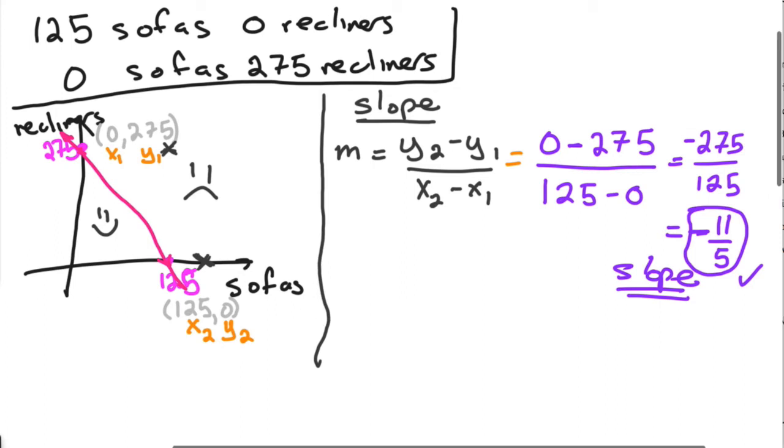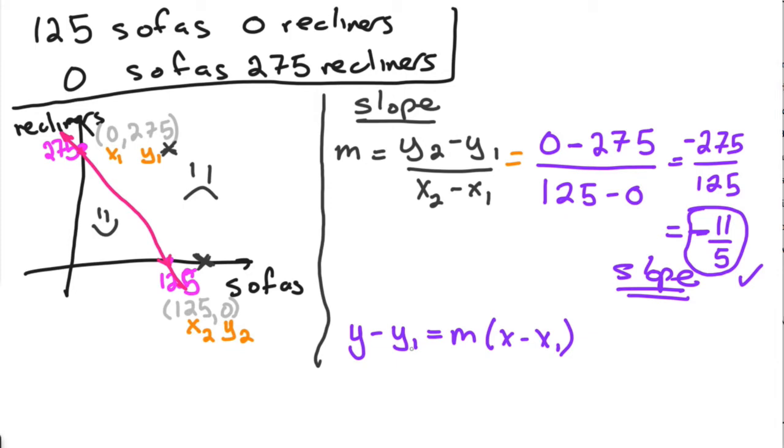Now the second thing is we're going to find the linear inequality. For that, we'll use the point slope form of the line, which looks like this: y minus y1 equals m times x minus x1. Here y1 and x1 can be either of the 2 points, so it doesn't really matter which one you use. Either way will lead to the correct result.